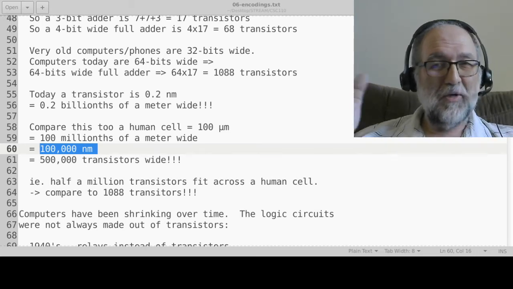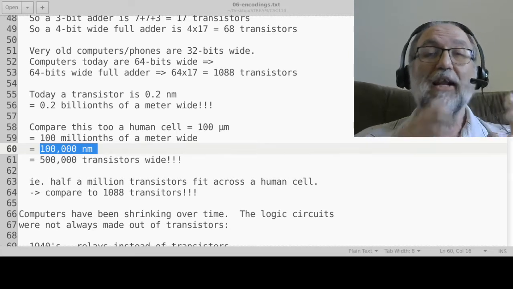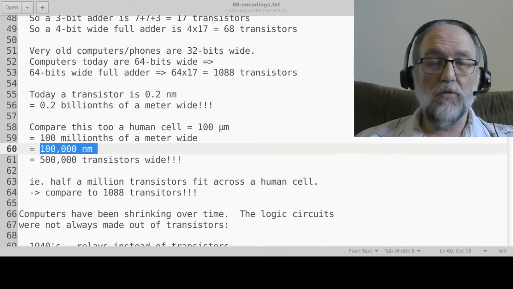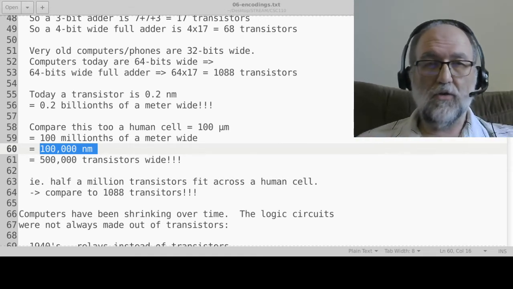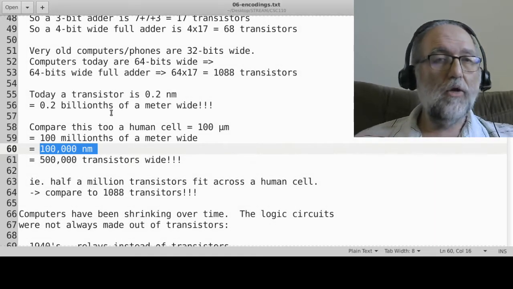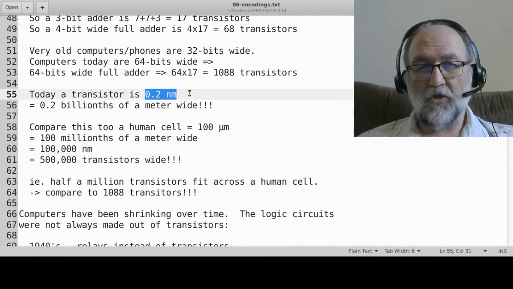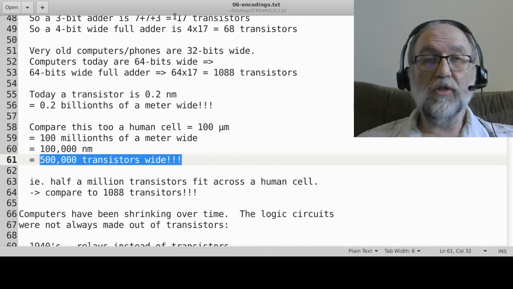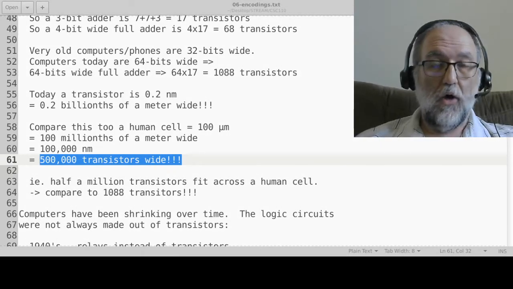A human cell, which is a very, very tiny thing, you can only see it under a microscope, even that is huge compared to a transistor, where you can get like 100,000 transistors, okay? Oh, sorry, no. That's if the transistor were 1 nanometer, but if the transistor is 0.2 nanometers, that actually turns out to be 500,000 transistors wide, okay?